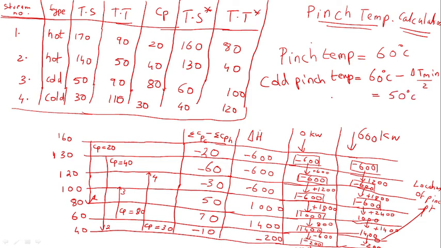And for hot pinch temperature, which is equal to 60 plus delta T min by 2, which is 60 plus 10, that is 70.